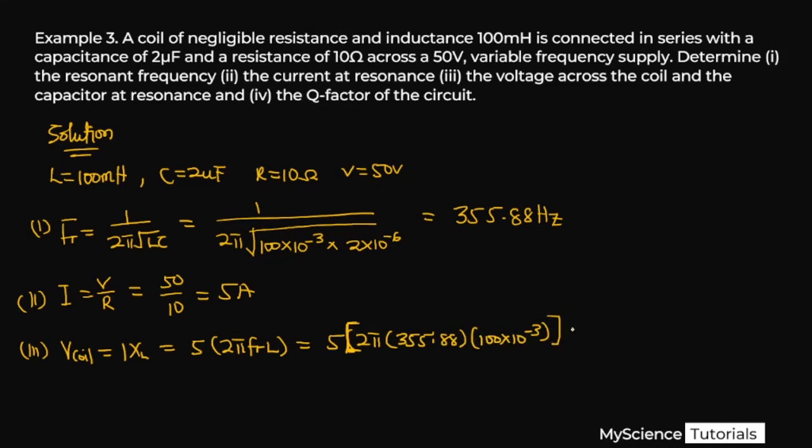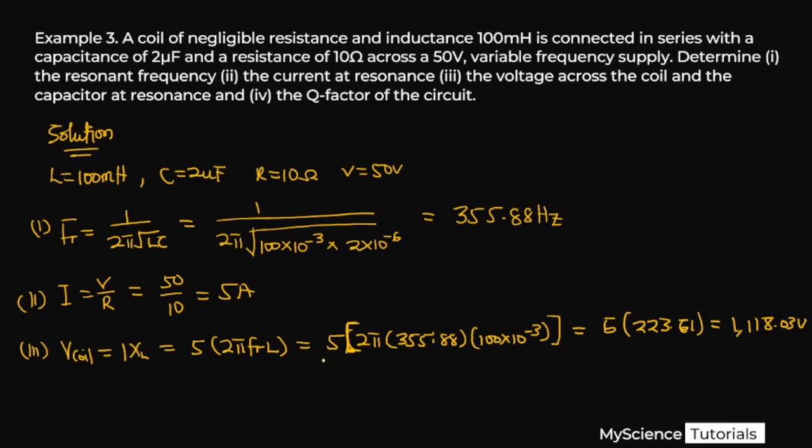That gives us 223.61. Then if we multiply that by 5, we get 1118.03 volts as our V coil.